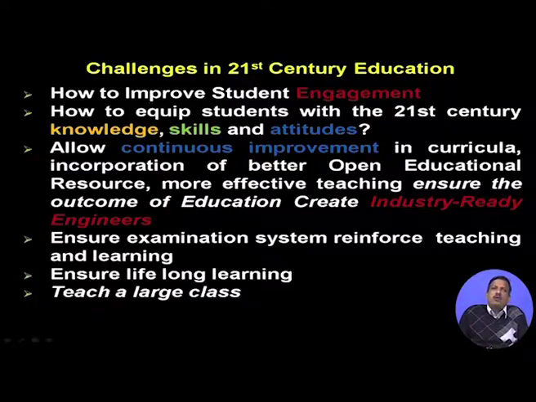What kind of student engagement are we talking about? In many courses, disciplines and institutes, it is practiced that a student can claim that he can get 80% marks in a course by studying only 10 days.